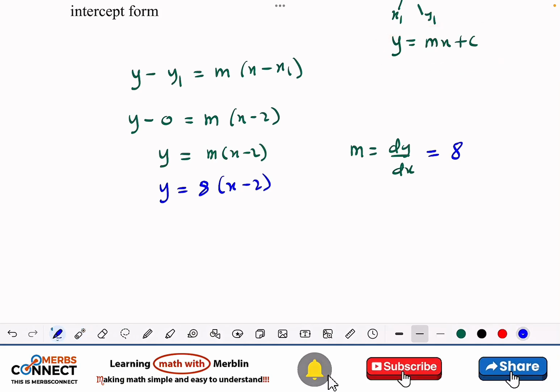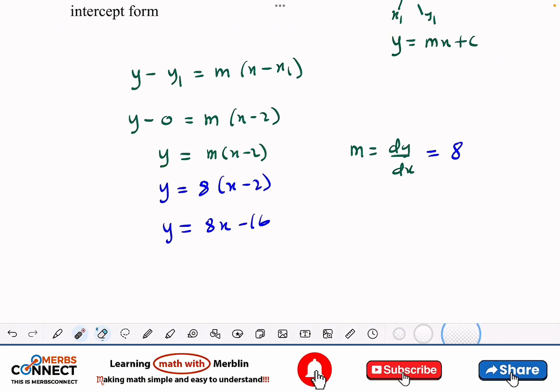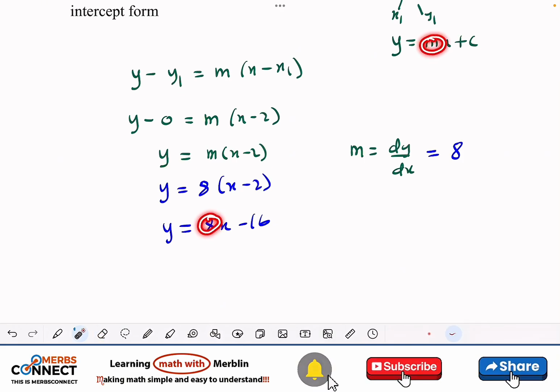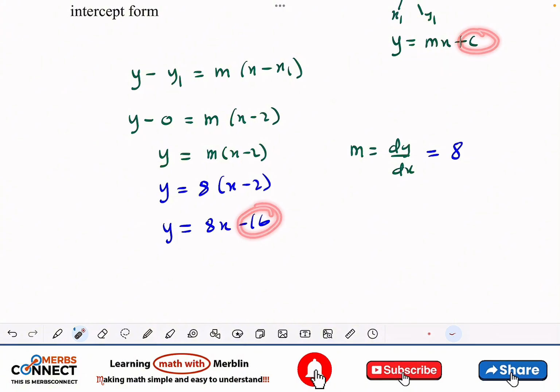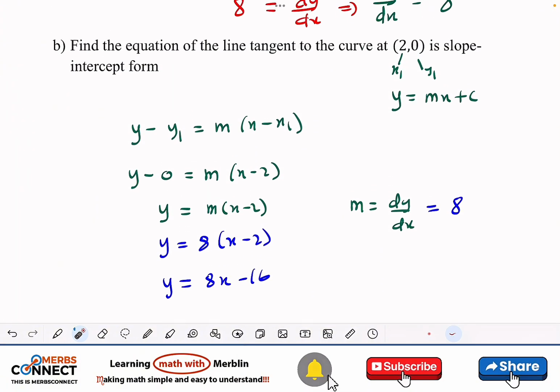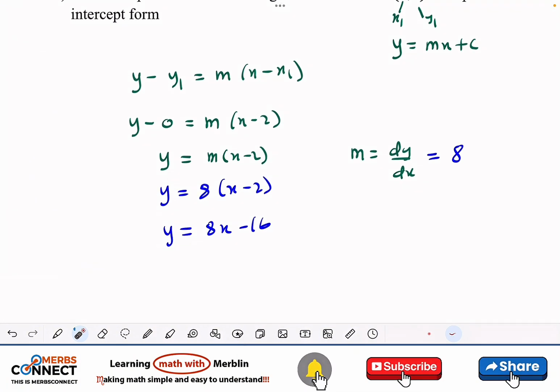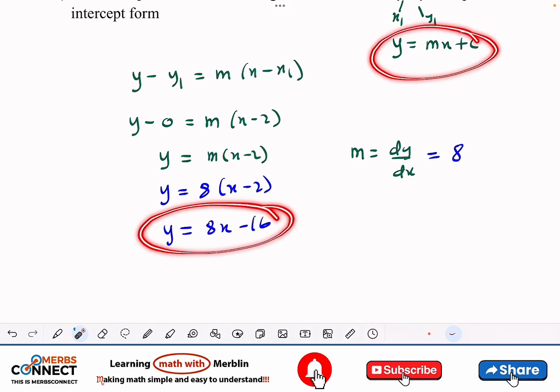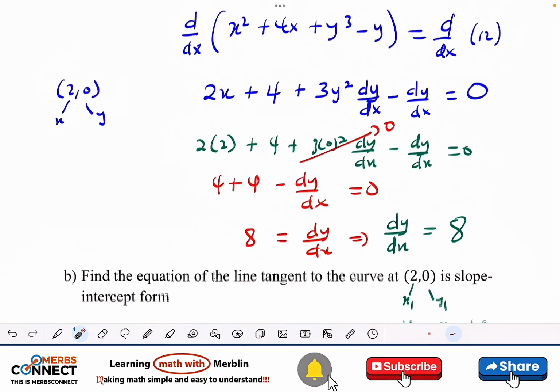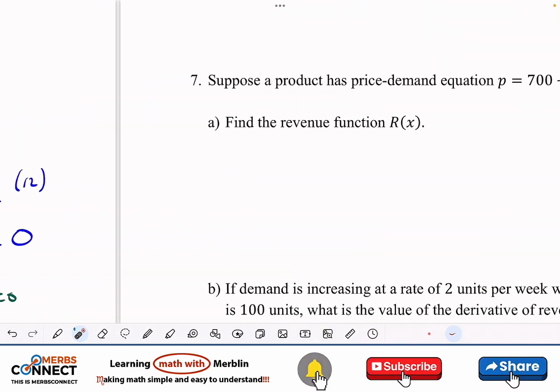So y is equal to 8x minus 16. You can see that m is 8, which is the slope, and minus 16 is the c, which is the y-intercept. This is how we need to leave the final result, so that we get the 4 marks.